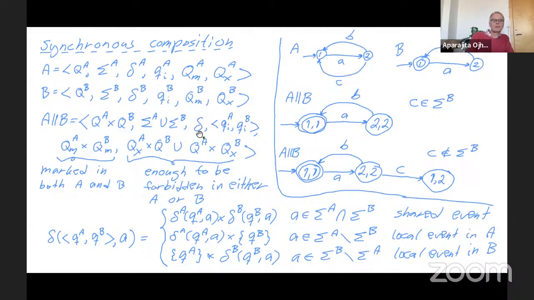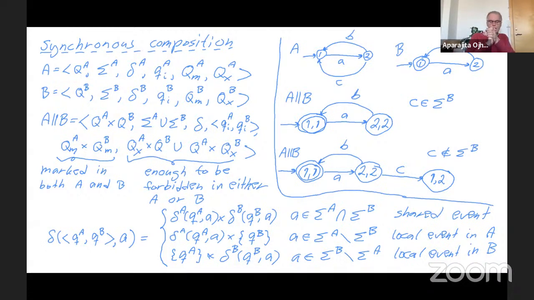So then we have the delta function, the transition function. And now I use the cross product even here. So that means that these transition functions for individually A and B could also include some non-determinism. So for the same event, you could reach more than one state.